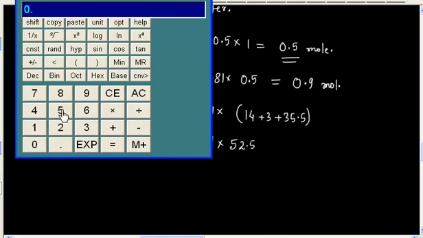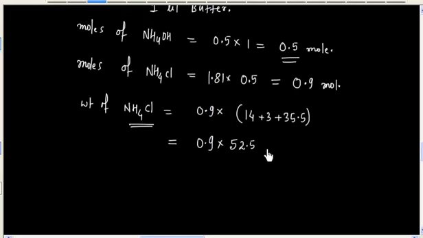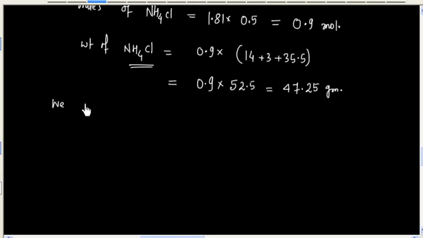So let us calculate this value. This is 47.25. So we need 47.25 gram of ammonium chloride.